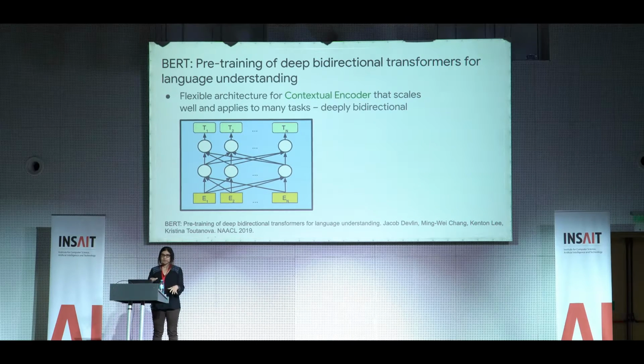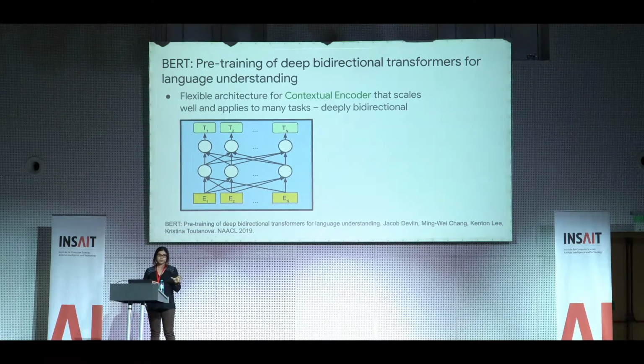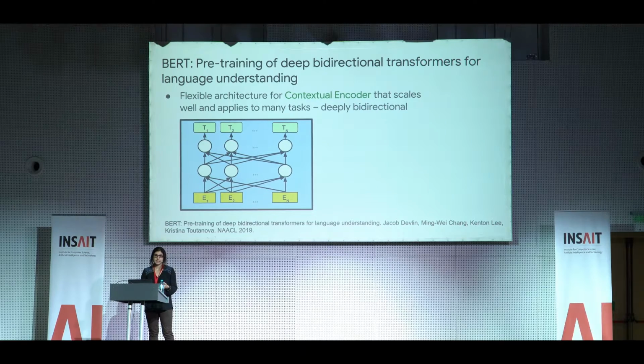So then comes in BERT, which Martin mentioned, where we build on this work to make a small change that turns out to be very powerful, which is that we can learn more flexible representations of the context that take into account both left and right context, and they can be used for many tasks directly.